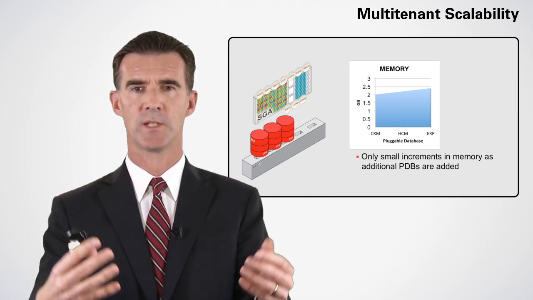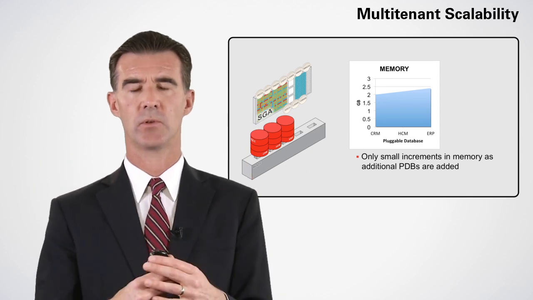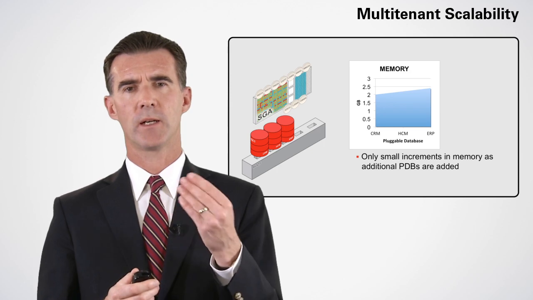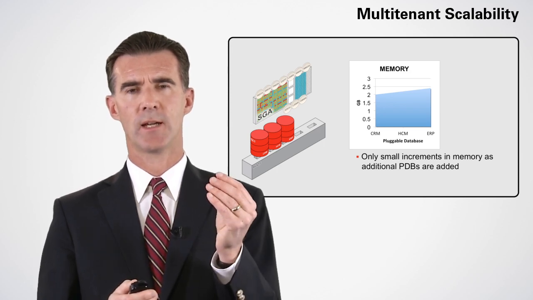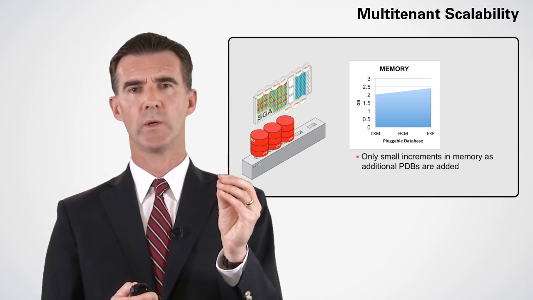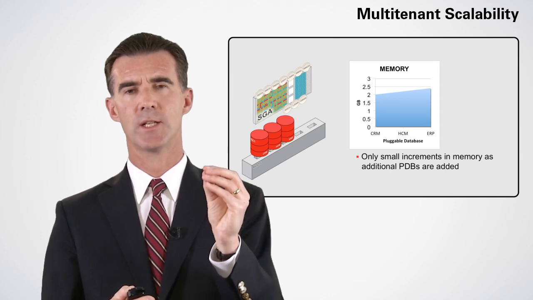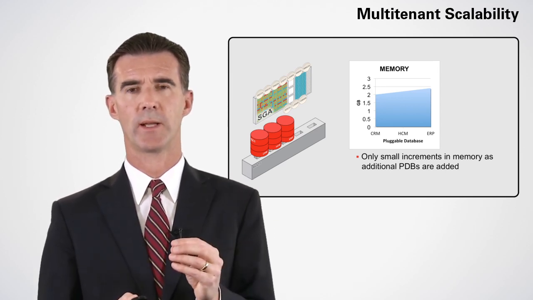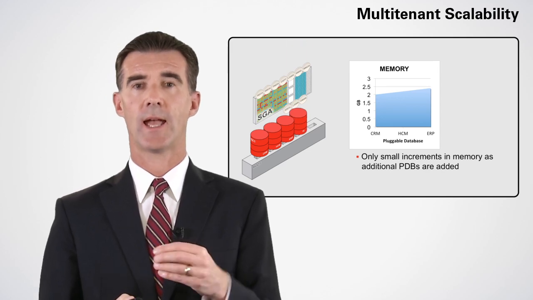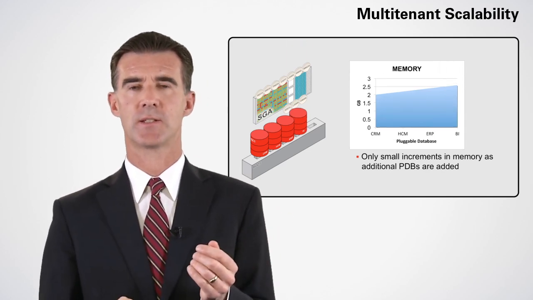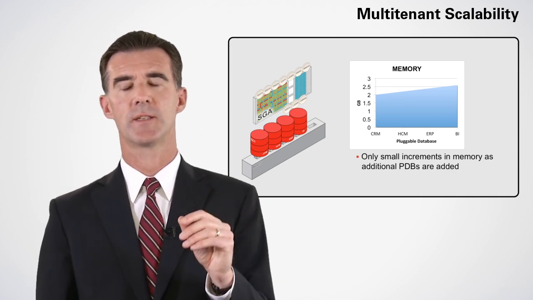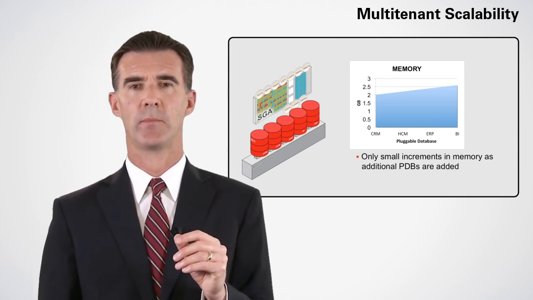You've started off all these background processes, you've allocated all this shared memory. With a pluggable database, every time we add a new database, all we do is we require an incremental amount of resources to support that new application load. As we plug in a new database into the consolidated environment, we see another small increment, but the point is that the overhead has already been paid for.